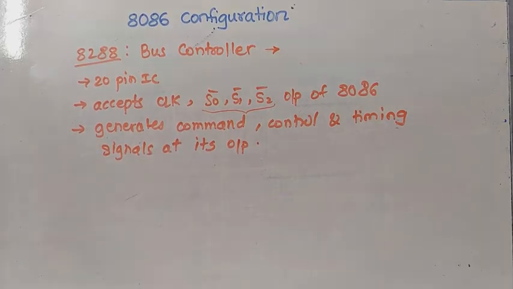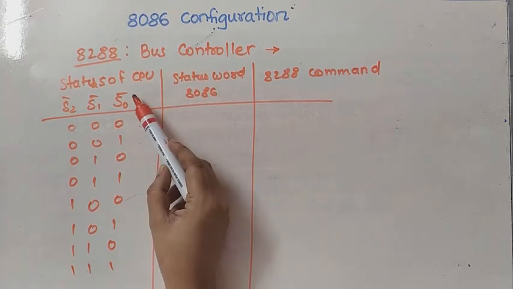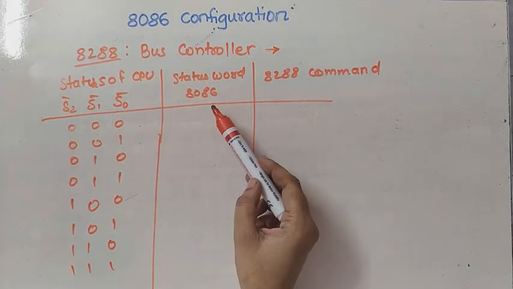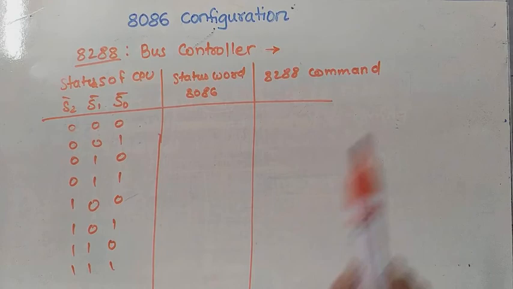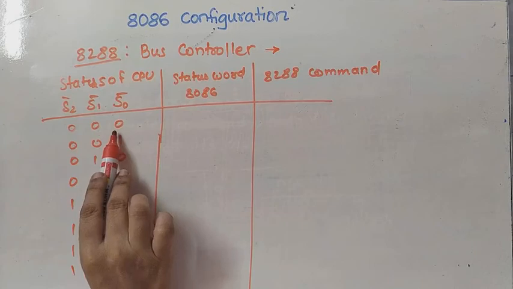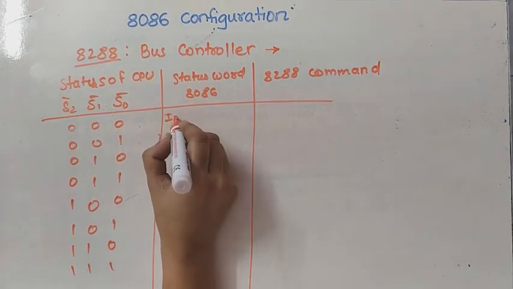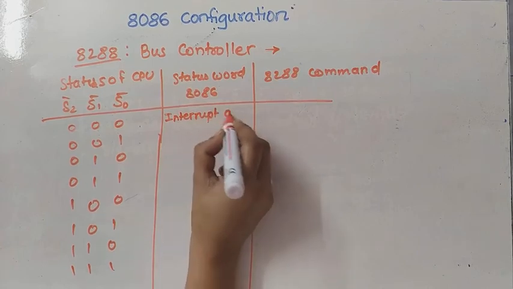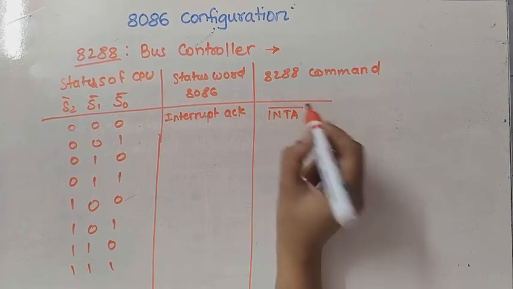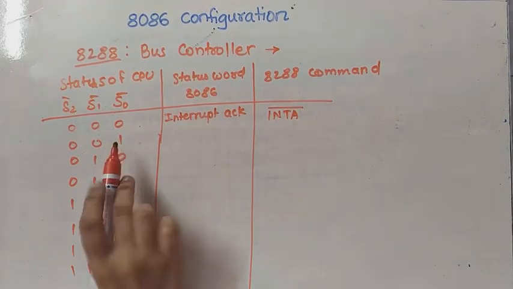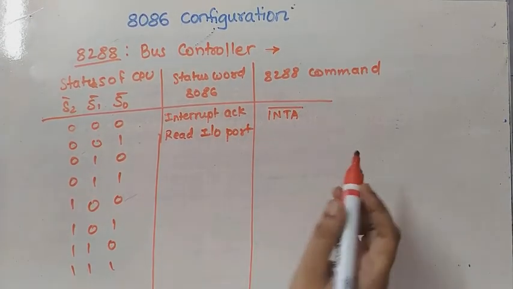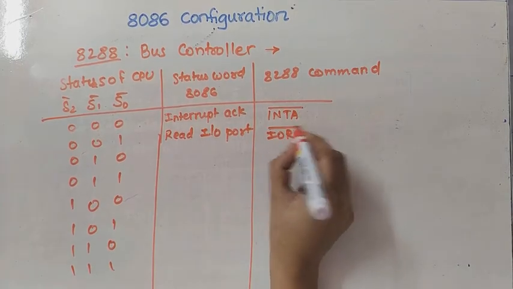Now we'll see what type of command, control and timing signals are generated based on these S0, S1 and S2 bar. So this is the status of CPU varying from 000 to 111, the status word for 8086 and the 8288 command. When S0 to S2 are 0, it is interrupt acknowledge, and the 8288 command is INTA bar. When it is 001, it is read IO port, and for this IORC bar is generated.